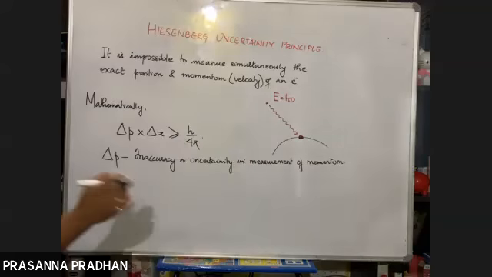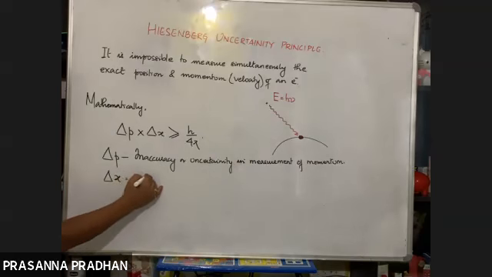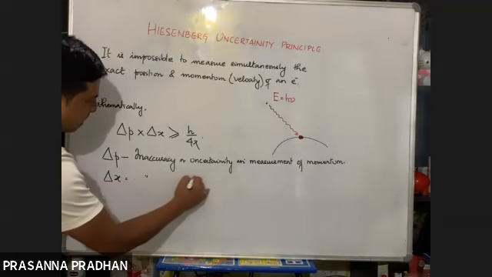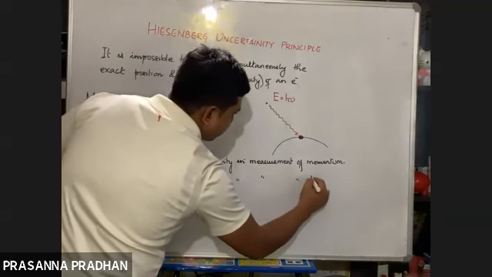What is delta X? Similarly, it is the inaccuracy or uncertainty in the measurement of position.